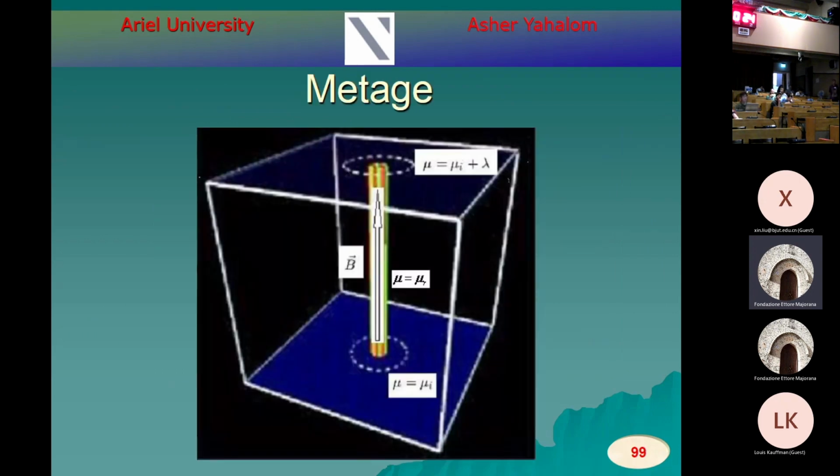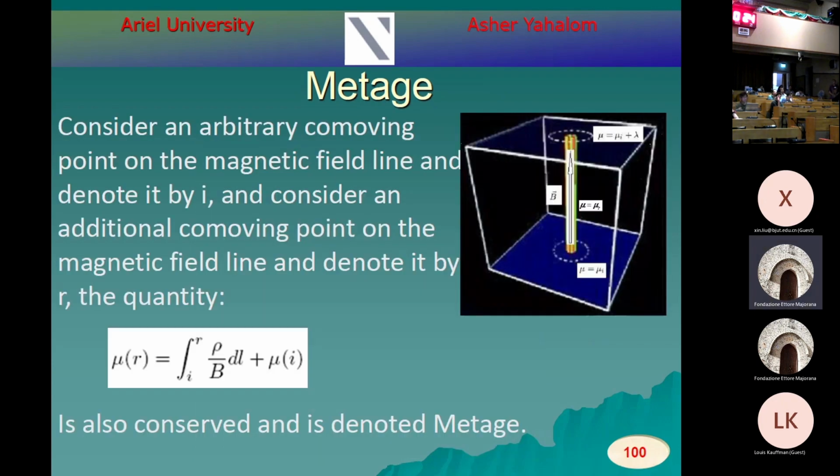And for the metage, which we mentioned briefly, you just go to a certain point, which is co-moving on the magnetic line, and you define the metage at this point. It's the same integral, but you don't go all the way, just from some initial position to some point R. This is also conserved.